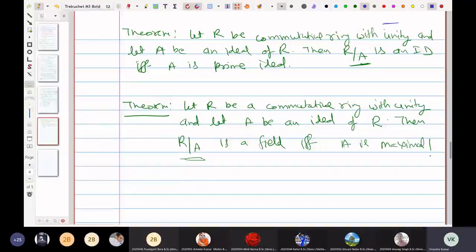We are not considering only that R is a commutative ring, but that R is a commutative ring with unity. Note that while defining an integral domain, we also considered that R needs to be a commutative ring with unity.